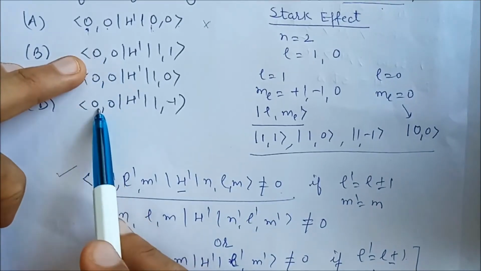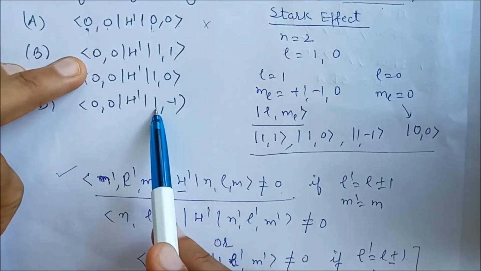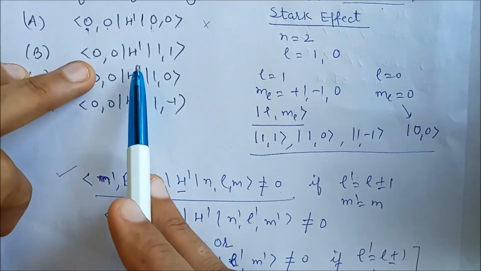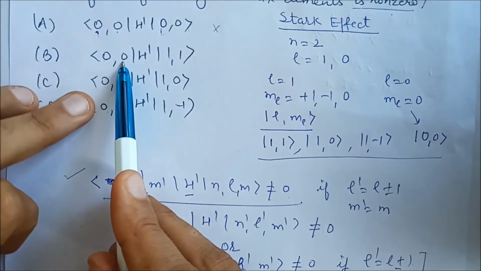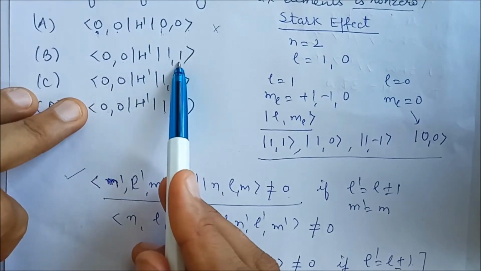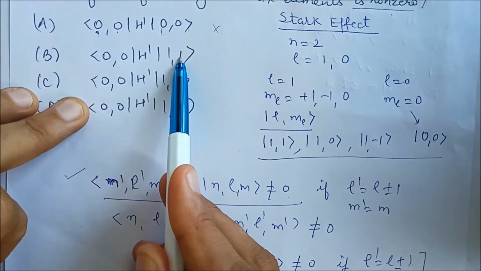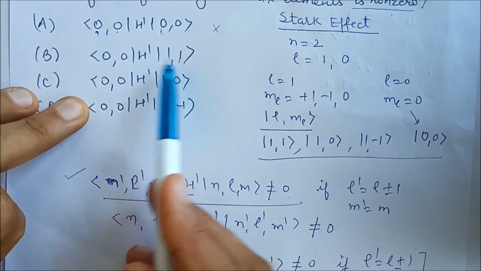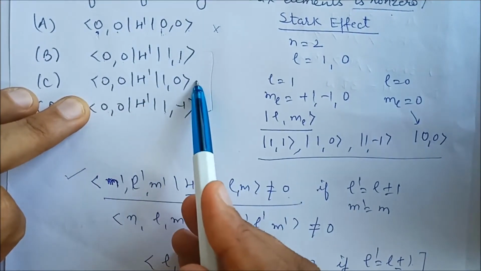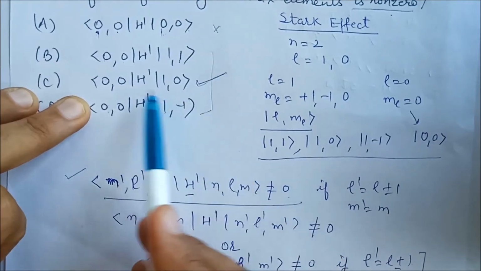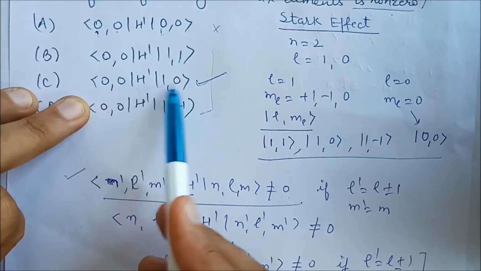But now we will check the value of m. In this case m is 0, here m dash is equal to 1. So m should be equal to m dash. Out of the three cases, only in the C case we have m dash and m equal.